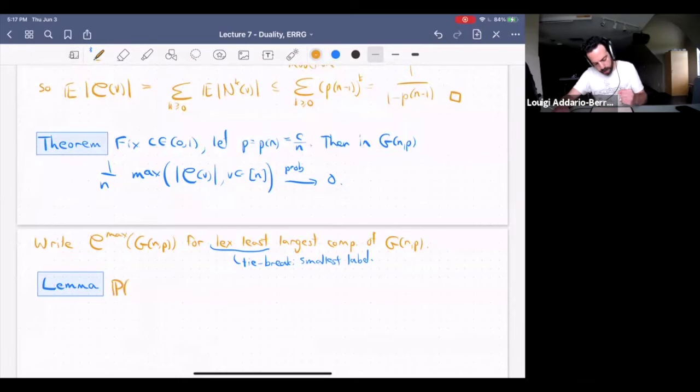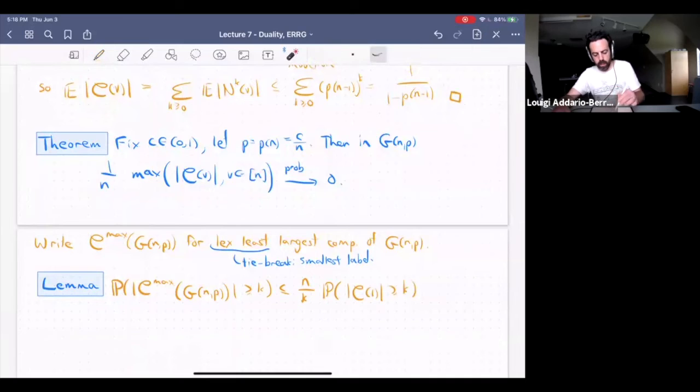Then the probability that the largest component of G(n,p) has size at least k is at most n over k times the probability that the component containing vertex 1 has size at least k. This is an easy way to transfer information about bounds for the size of one component into bounds on the size of the largest component.